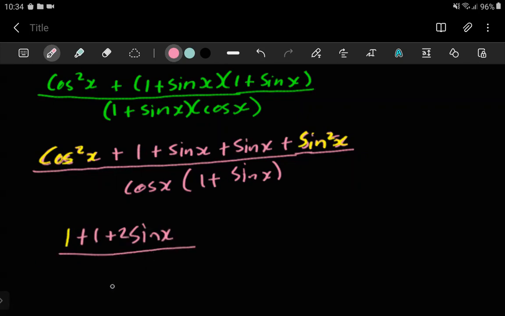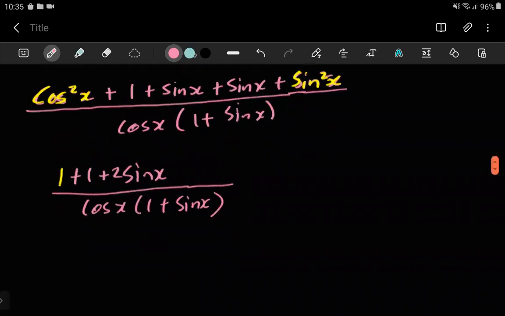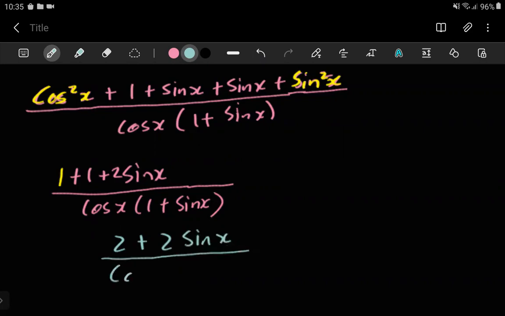At the bottom, we have cos x, 1 plus sine x. I think this question shows why we may not want to just distribute this cos unnecessarily. At the top, luckily, we have a 2 here and a 2 sine x over here. What do you think we would need to do next for this question to work out?